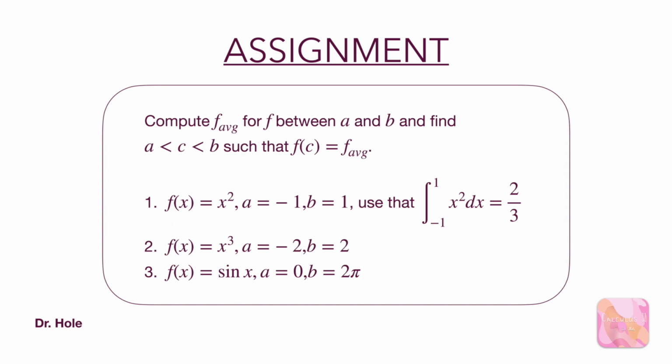So here's a nice assignment. Compute the average value of f in 3 different cases. First case, for the function x squared over the interval -1 to 1, and use that the definite integral from -1 to 1 of x squared is 2/3. Compute another average value, but for the function x cubed in the interval -2 to 2.